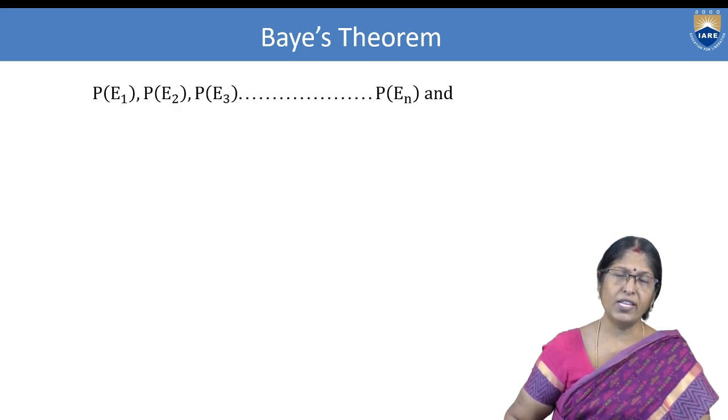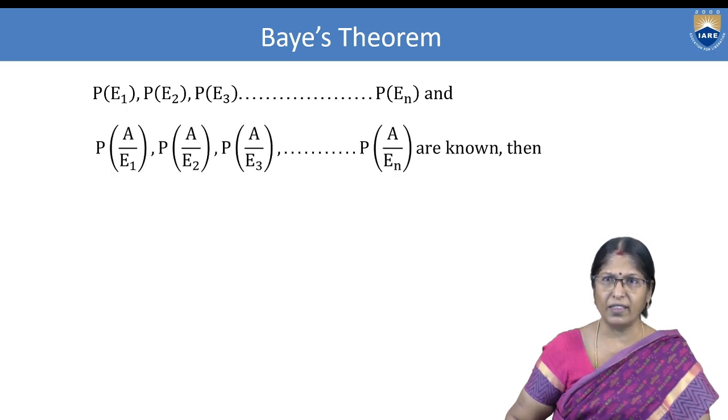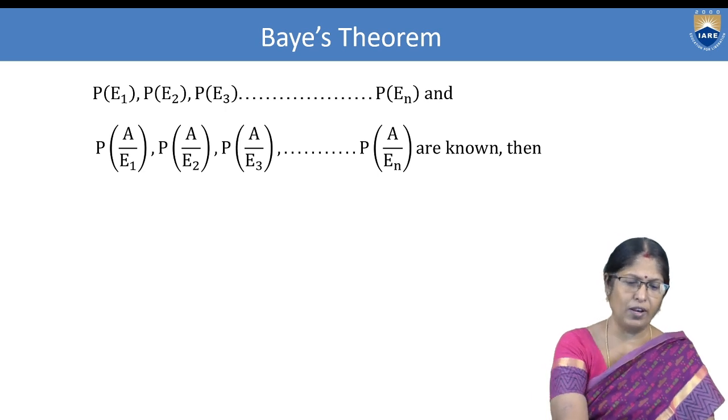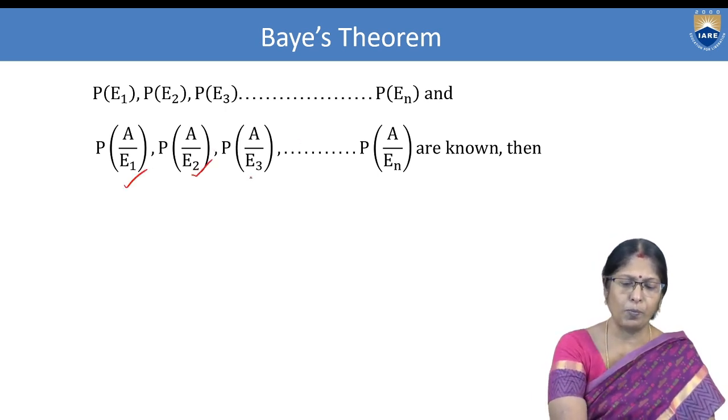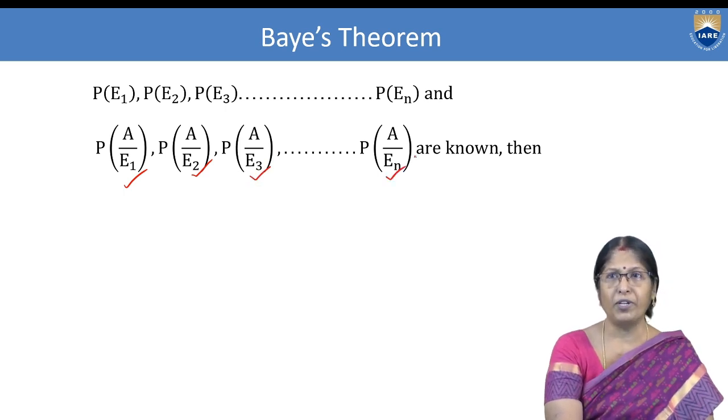So if all these conditions are satisfied, then we have probability of E1, probability of E2 up to probability of En, and probability of A given E1, A given E2, A given E3 up to A given En.